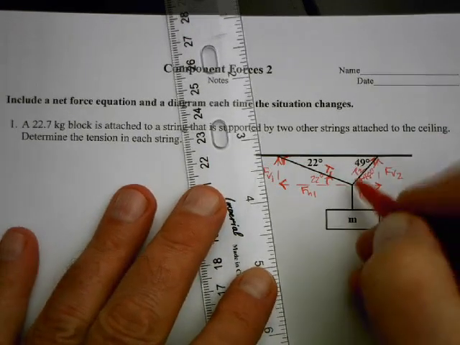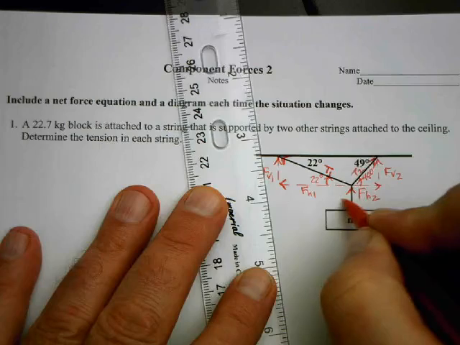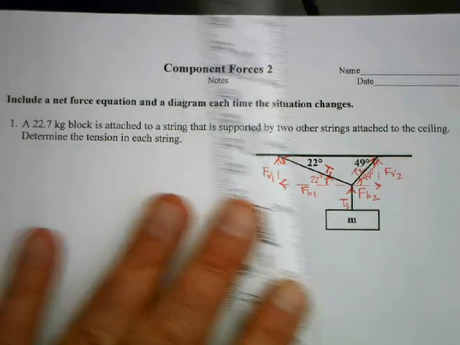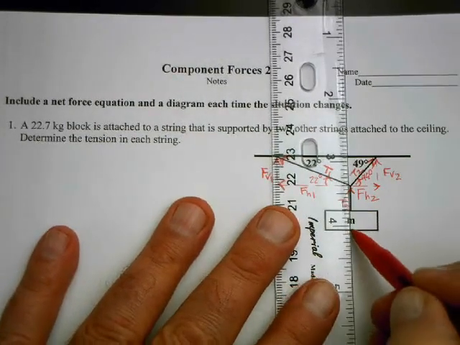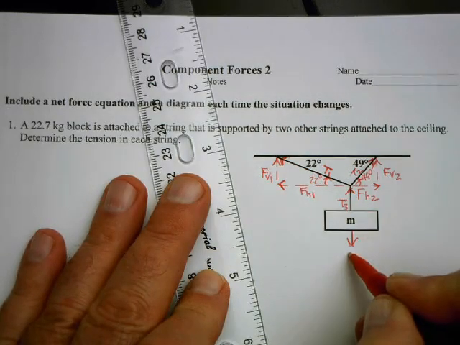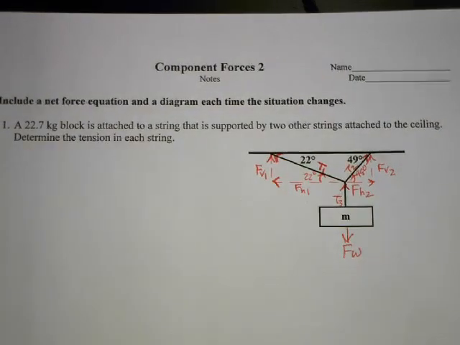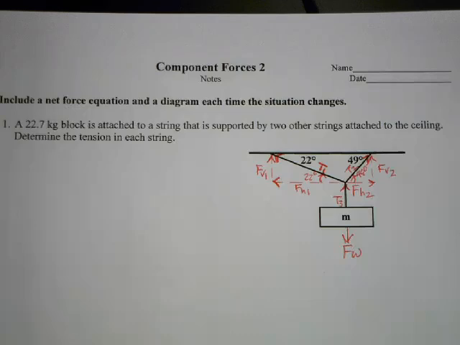And then finally, we have the third string, which I'm going to label T3, and it's holding onto the block, which of course has to have a weight. And so now I have a picture of all the different forces, including the directions that they are pulling towards in the diagram.